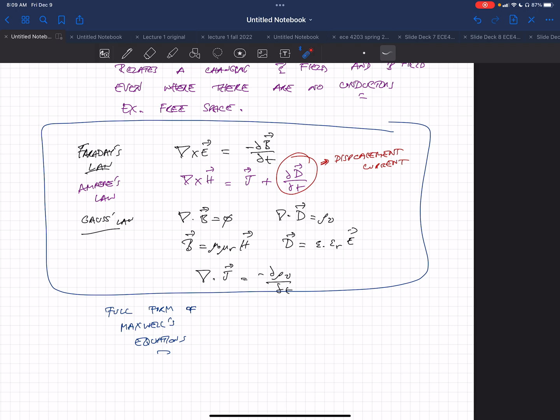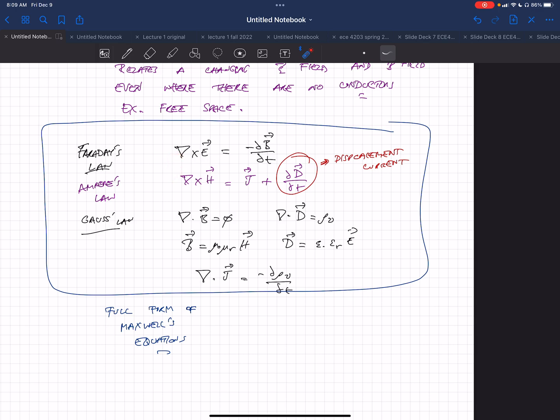And this was really a critical thing, because imagine if you didn't have this, right? The previous equations still related the electric field to the magnetic field. So the state of the equations as they were before Maxwell still related a changing electric field to a changing magnetic field and vice versa.